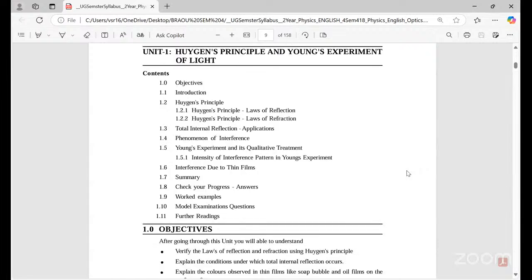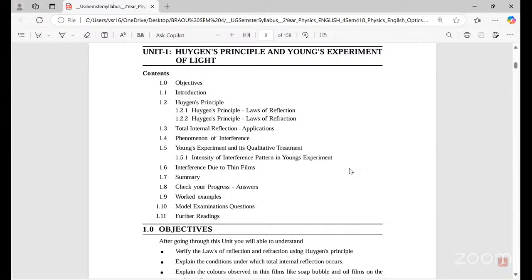There is an introduction to Huygens principle, laws of reflection, laws of refraction, and total internal reflection. These three come under discussing the Huygens principle. Next is the phenomenon of interference, which you observe in Young's double slit experiment.